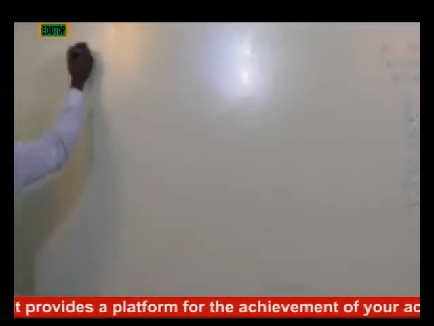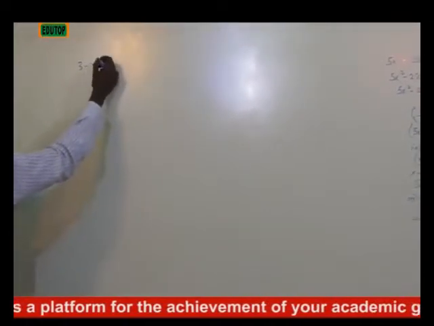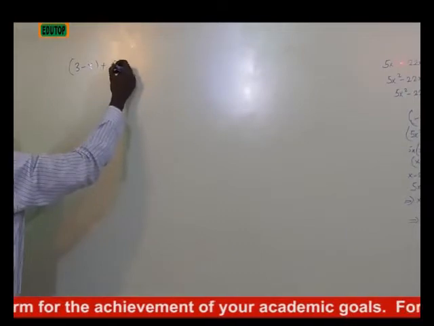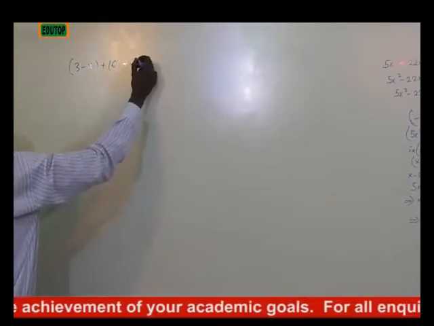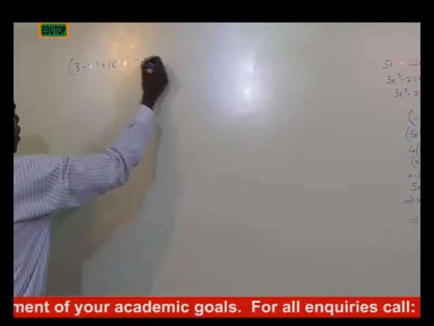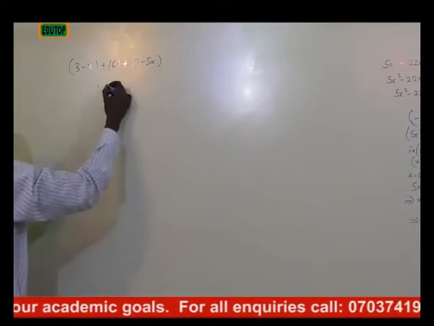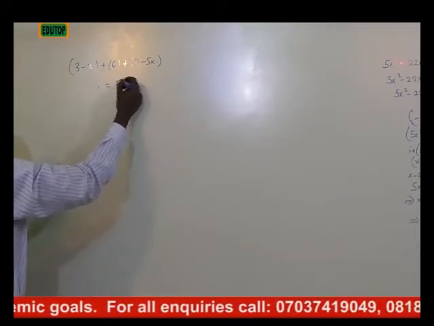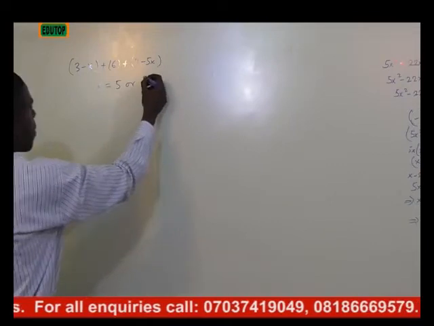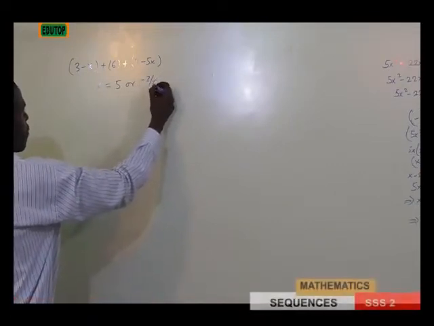So going back to the series, we've been able to calculate our x to be 5 or minus 3 over 5.